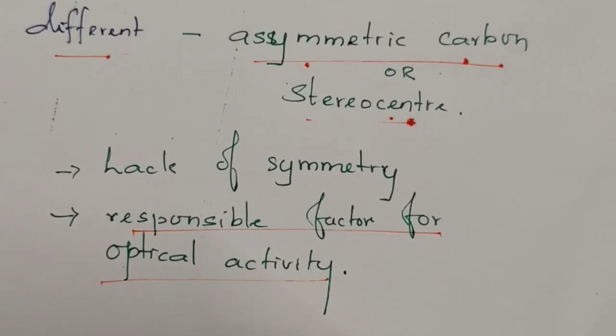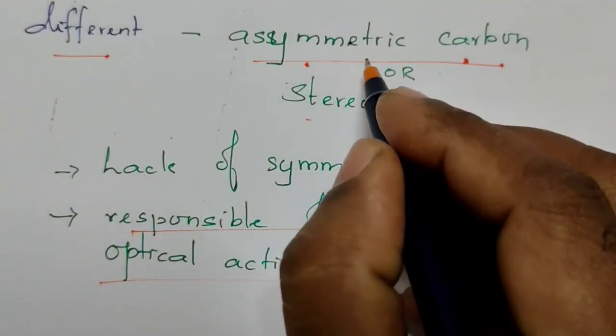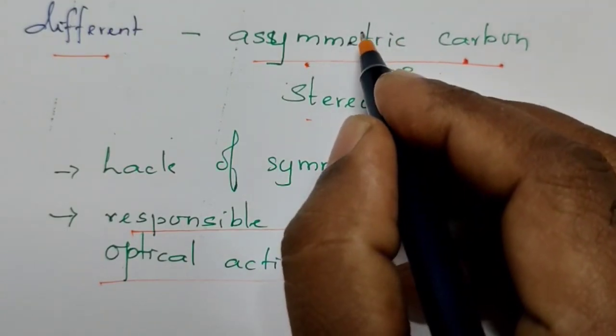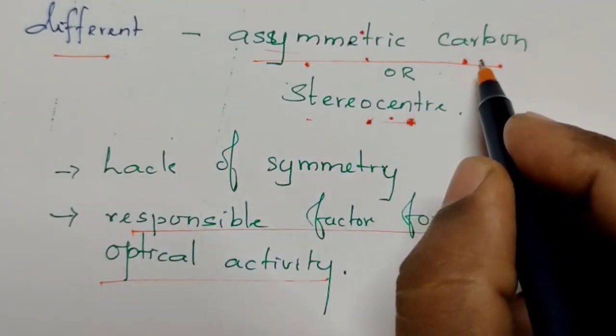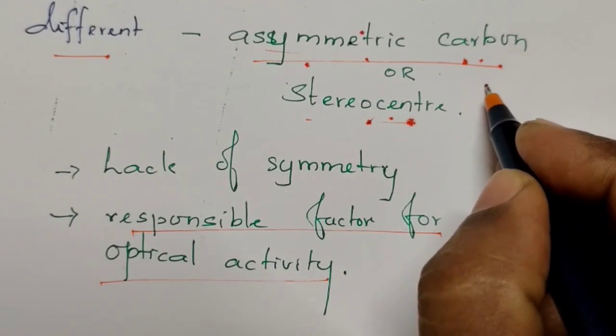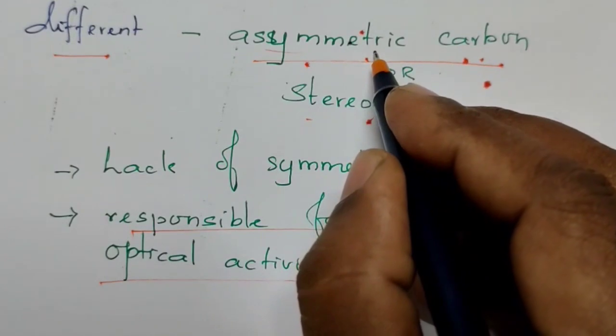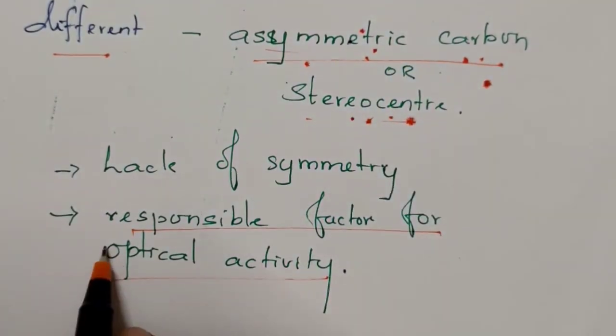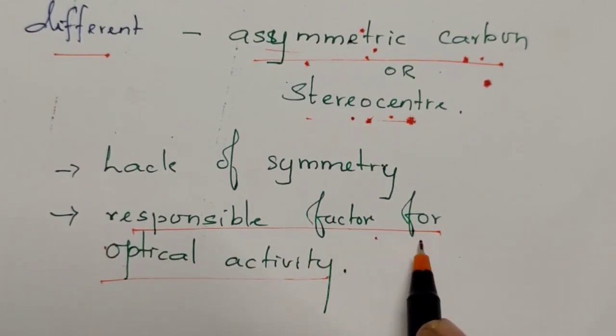So the asymmetric center, or stereocenter, is the responsible factor for optical activity.